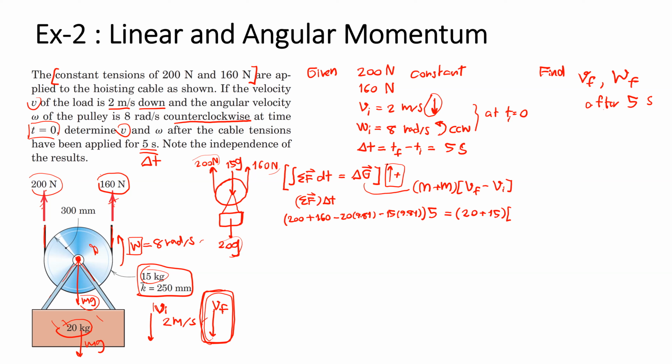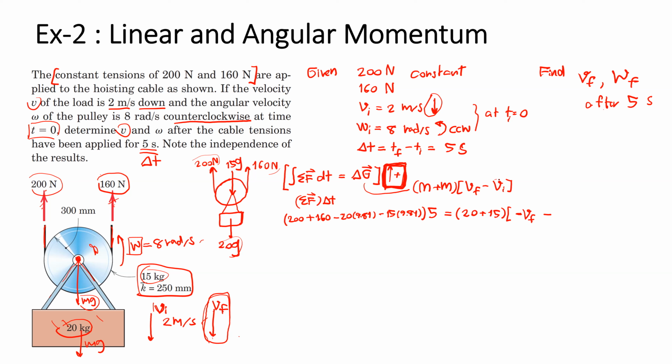When we consider the force, we set the upward direction to be positive for the impulse momentum relationship, but the final velocity that we assume has downward direction with magnitude Vf, which is still unknown.